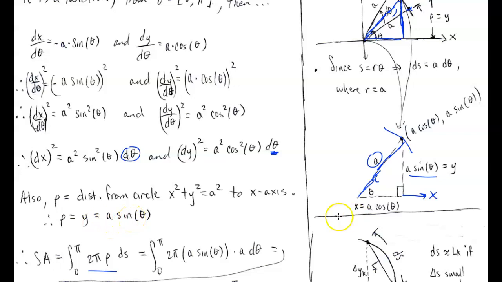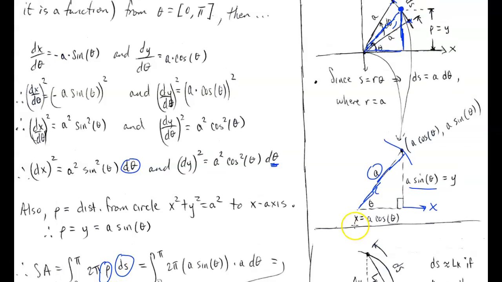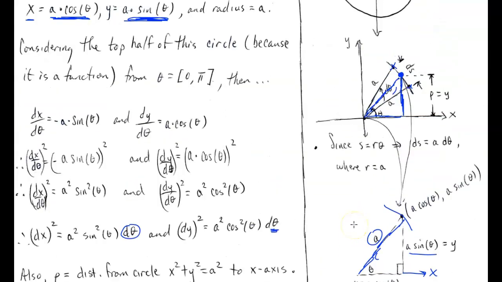Okay. Now, since we know what rho is in terms of theta, we also need to know what ds is in terms of theta. Okay. And so that's why I talked about the arc length earlier.